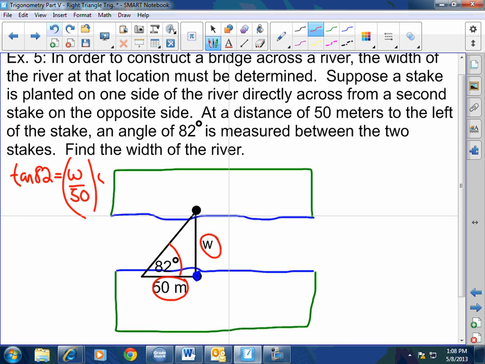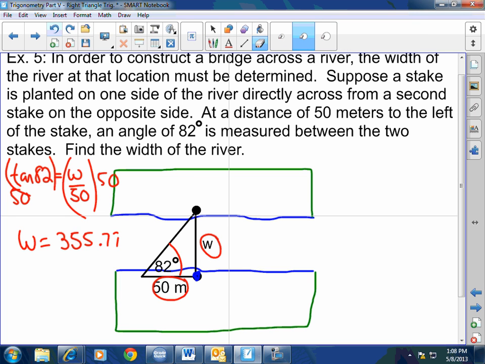Let me solve it. Sorry, I was skipping a step. Multiply 50 to both sides. So I have W equals tangent of 82 times 50, which equals 355.77 feet. Meters? Meters. My bad. I should learn how to read. My bad. Sorry.